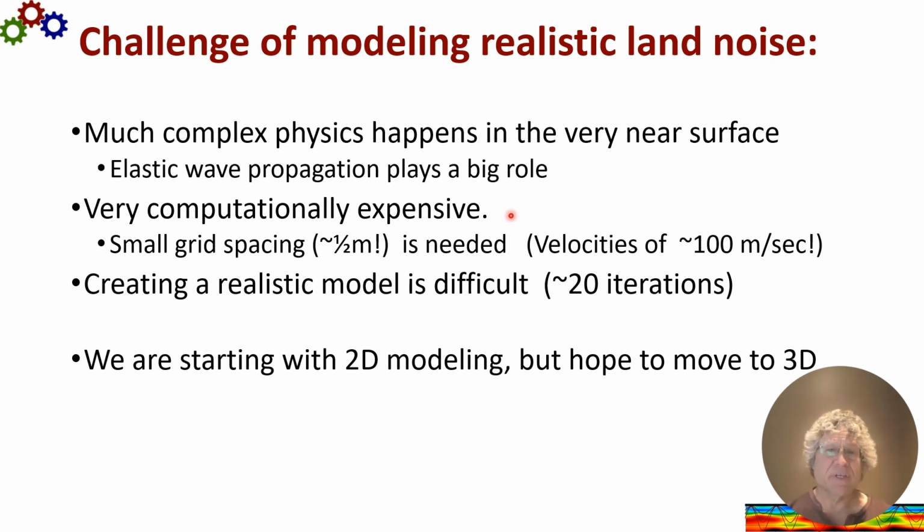And it's very computationally expensive. You need a small grid spacing of about 1/2 meter, and you have velocities down to 100 meters per second. And just creating realistic models of scattering and refraction multiples took a while. It took about 20 iterations. So here I'm starting with 2D modeling, and we do hope to move to 3D eventually.